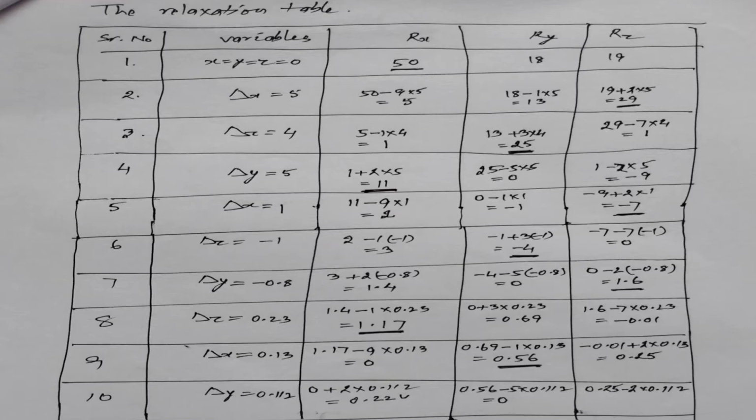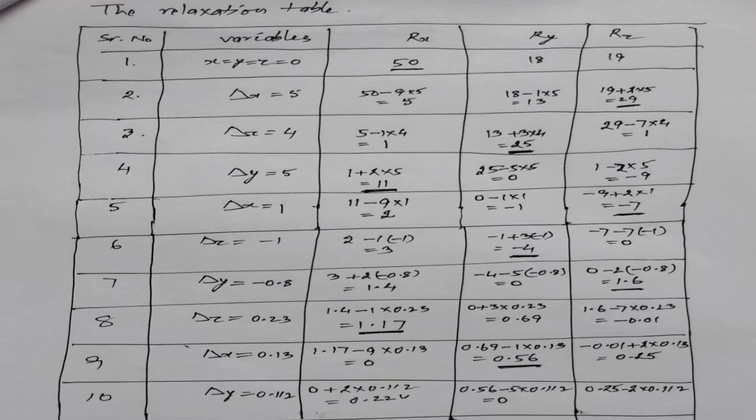Correspondingly, Rx becomes 1.4 minus 1 into 0.23 equal to 1.17, and Ry becomes 0 plus 3 into 0.23 equal to 0.69.